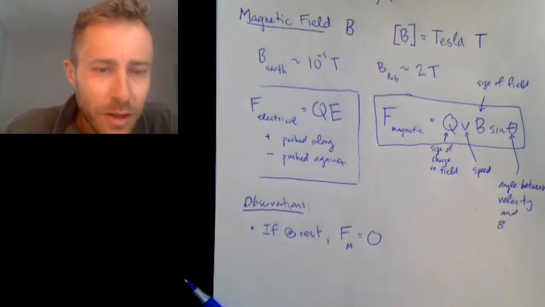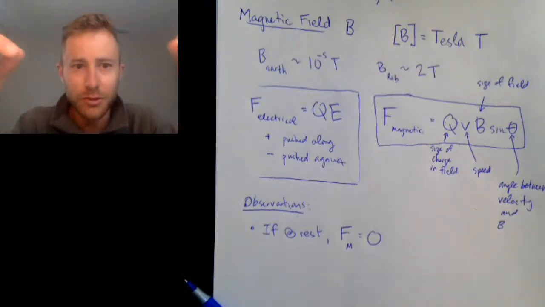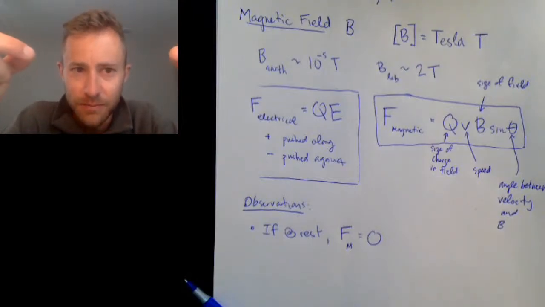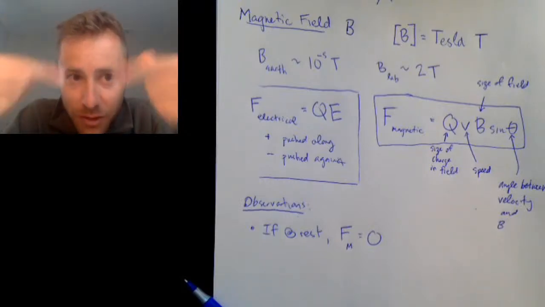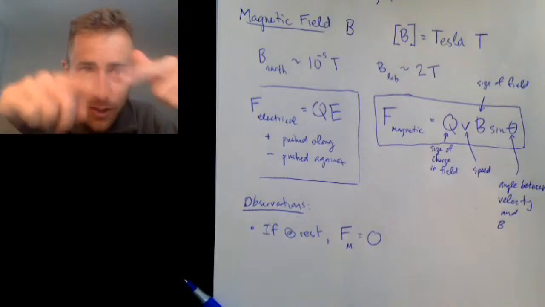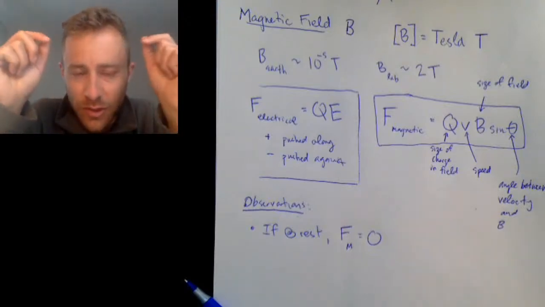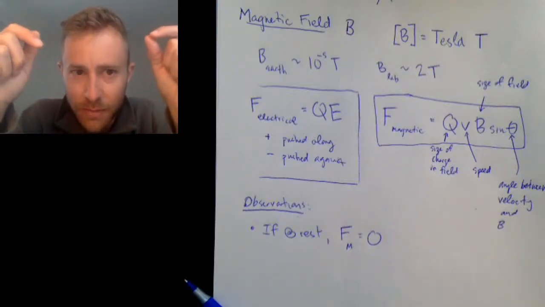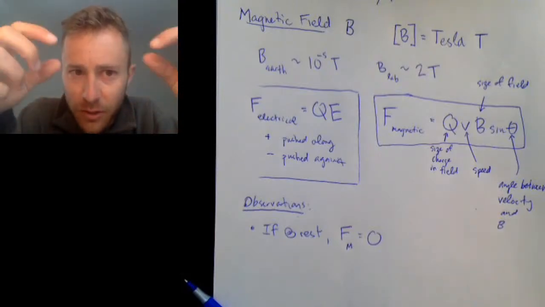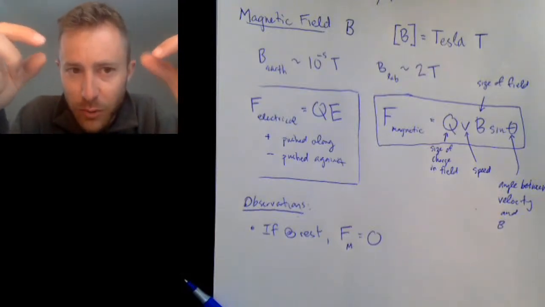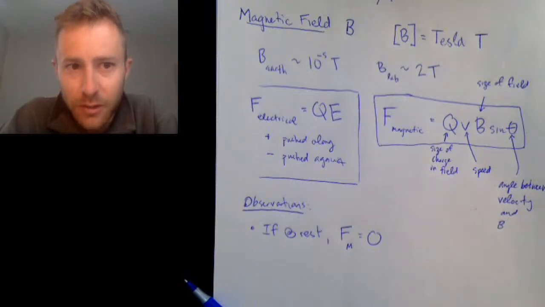The thing is that even though your refrigerator magnet is still, the atoms inside the magnet have electrons that are moving around, right? The electrons are orbiting the atoms, and it's those individual electrons within the material that are being pulled by magnetic fields, and that's what causes the attraction.